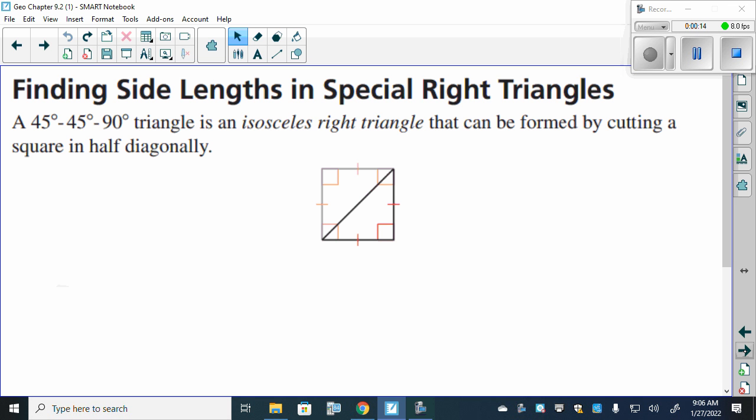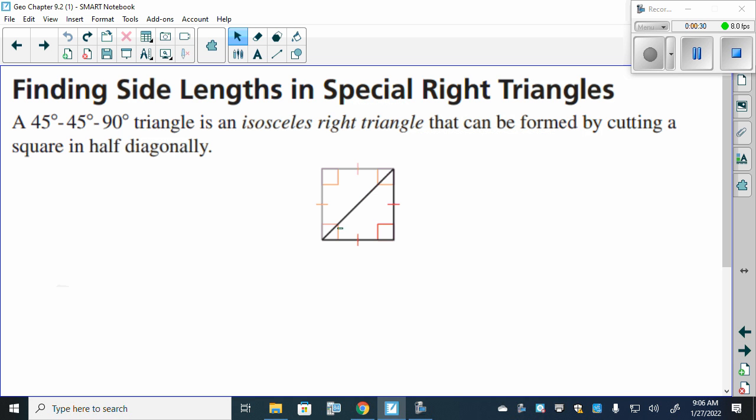So what we're looking at today is one of the two special right triangles. A 45, 45, 90 triangle is an isosceles triangle that can be formed by cutting a square in half diagonally.